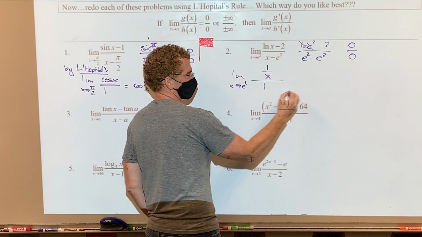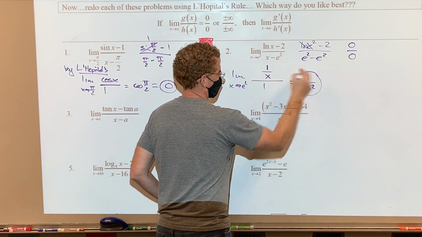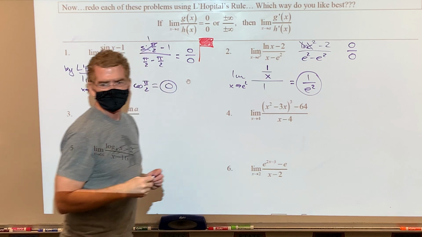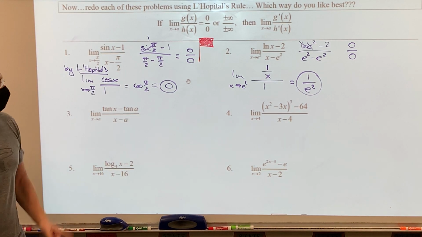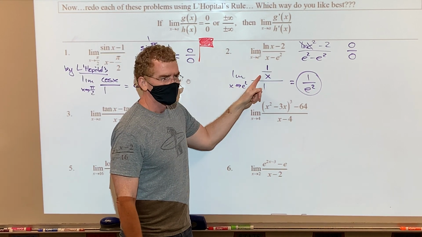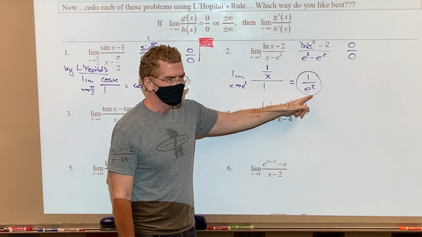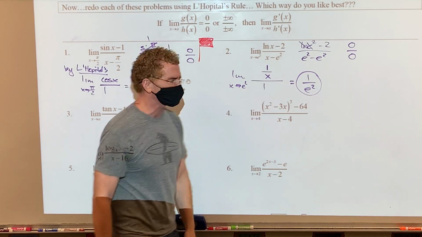And when I redo it, what do I get? 1 over e squared. Now, if you flip back over to what you did on the other page, didn't I find the function, its derivative, and plug the e squared back into it? It ends up being the same math that you did on this alternate definition.